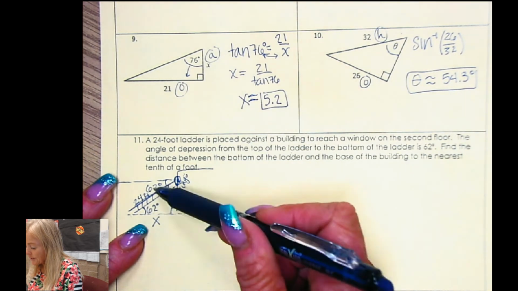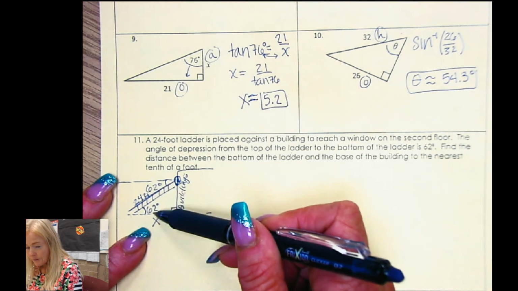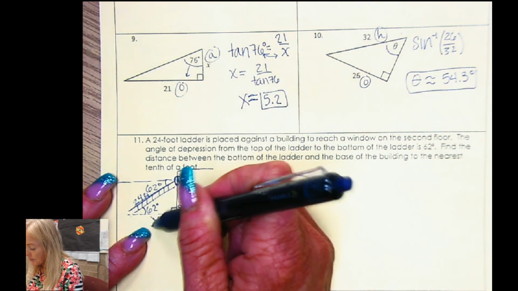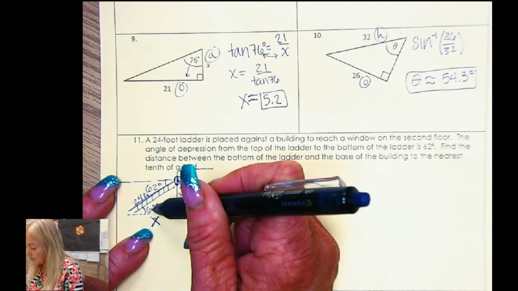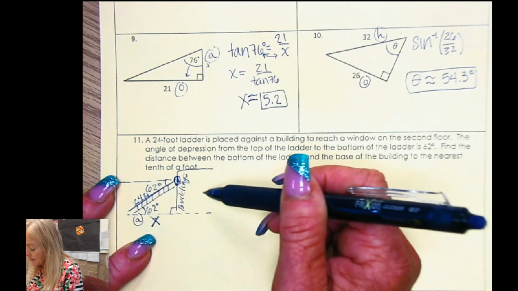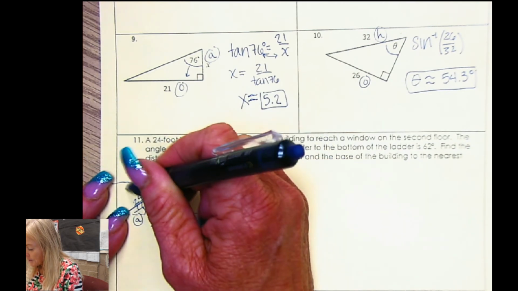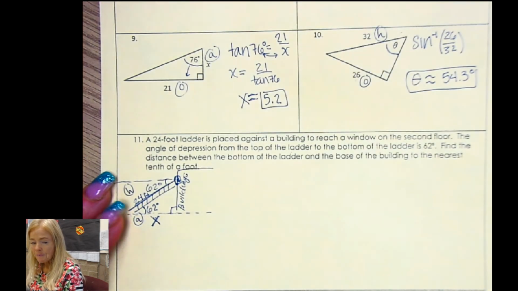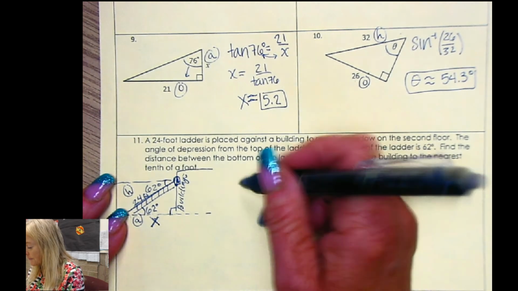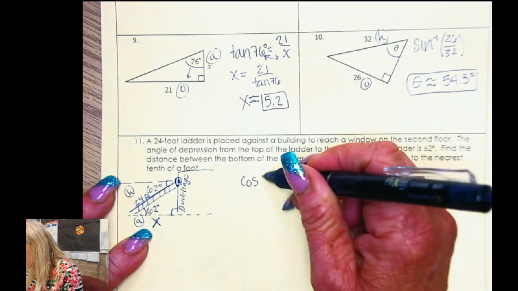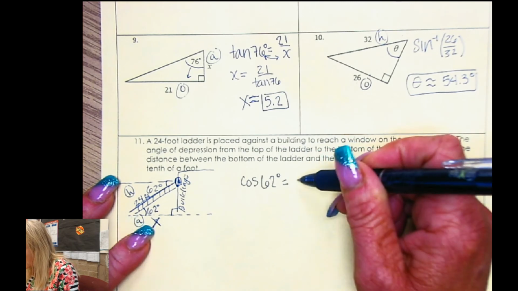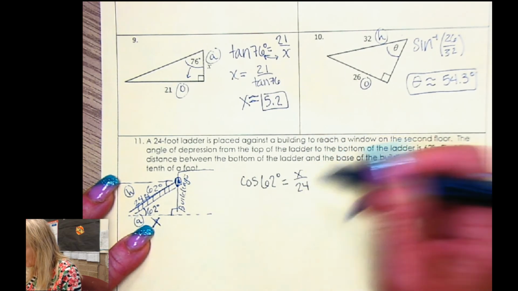According to this angle, the distance between the ladder and the building is x, and it's going to be the adjacent side because it's a leg, it's forming the right angle. And then the 24-foot ladder is the hypotenuse. So that's cosine. A and H is cosine. Cosine 62 degrees is adjacent over hypotenuse, x over 24.